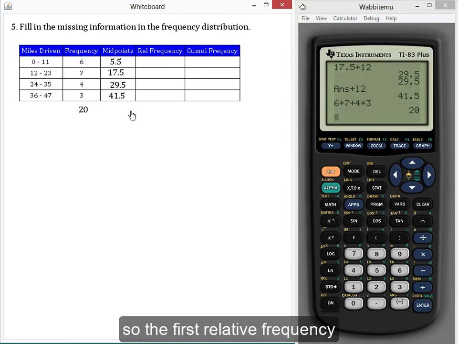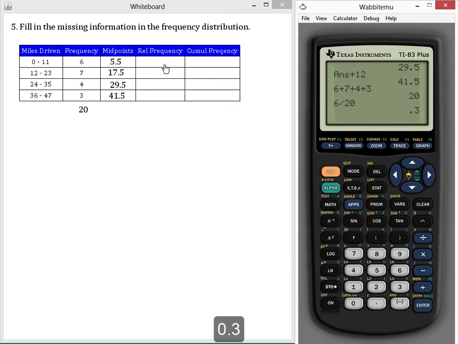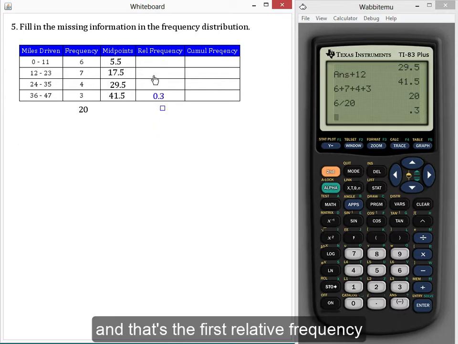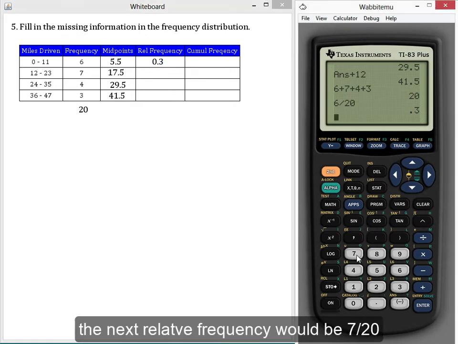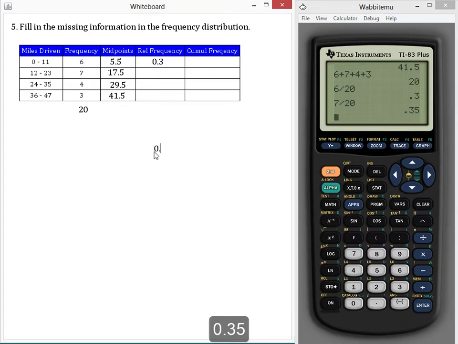So the first relative frequency is going to be the class frequency of 6 divided by 20. So 0.3. And that's my first relative frequency. Next relative frequency would be 7 over 20. Okay, so 0.35.